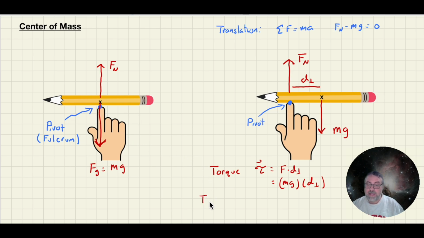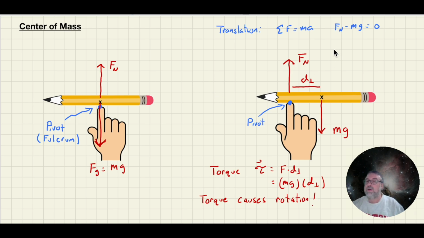Torque creates rotation. Just as unbalanced forces cause linear motion or translation to happen, unbalanced torque produces a rotation.